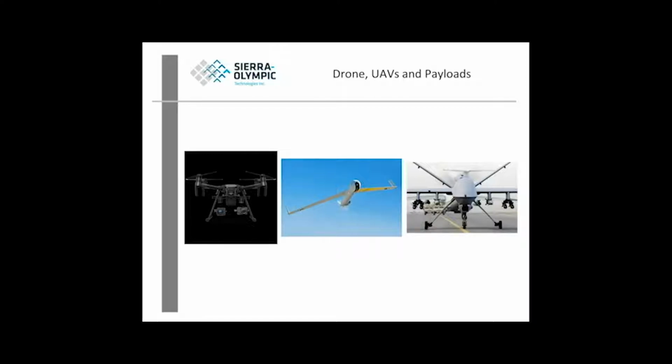Certainly, they have limits. You can't just throw everything onto these aircraft, but they're dealing with 10-pound increments, whereas in the small tactical, in the STUAS market, we're dealing with individual grams or tens of grams per payload.